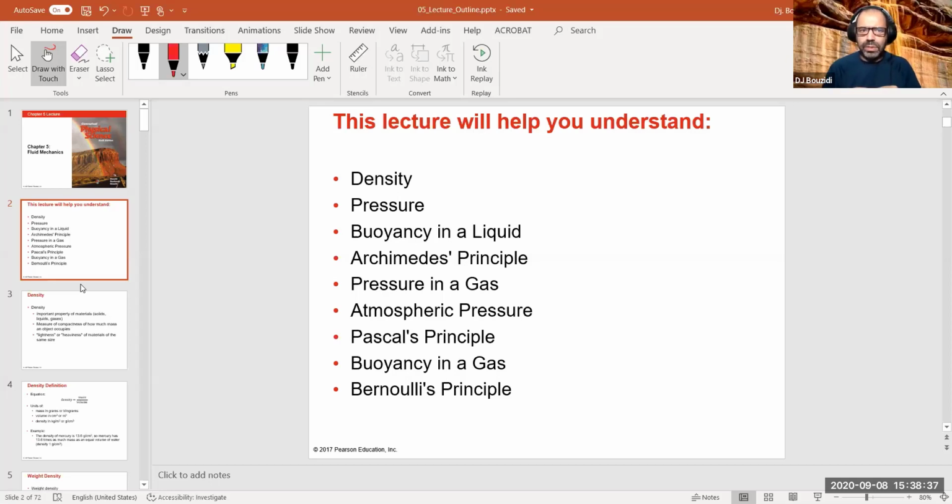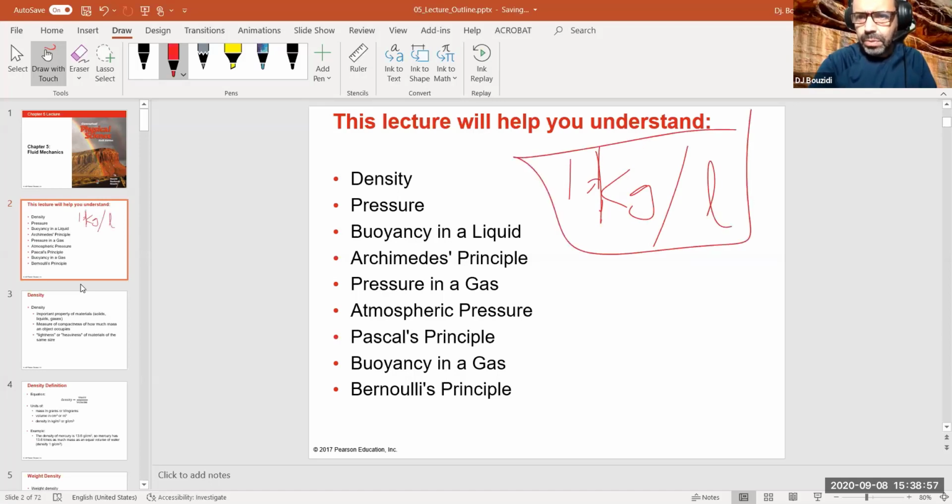A good reference in here, and it's a very important reference actually, and it's worth remembering no matter where you are, the density of water is known to be 1 kilogram per liter. That is a unit that it's worth remembering.